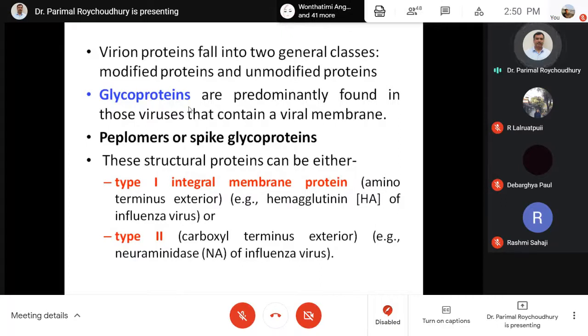Our immune system can recognize these glycoproteins and elicit protective antibody. At present, the Covishield vaccines, which most of us have taken and which are available in the markets, are prepared by synthesizing these spike glycoproteins of coronaviruses.